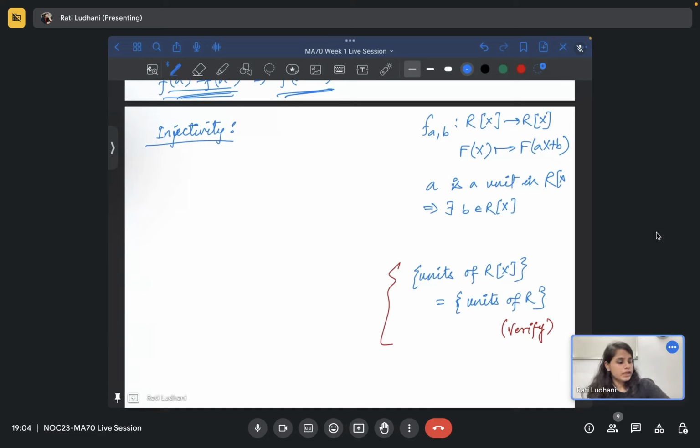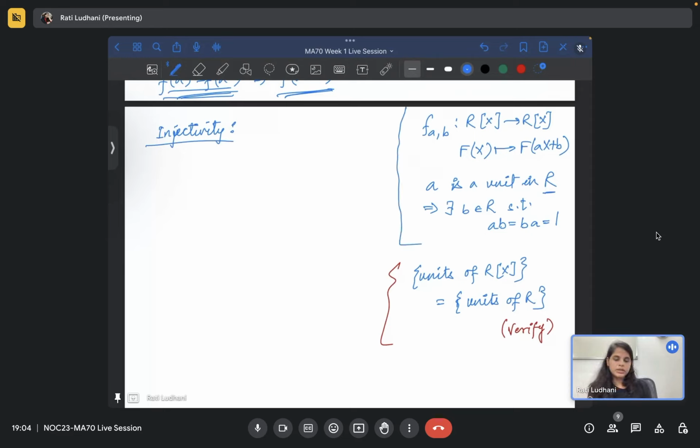So if a is a unit in R, what does this mean? There exists some element b in R such that ab = ba = 1, where 1 is the multiplicative identity of R. The multiplicative identities of R and R[x] are the same, because in terms of polynomials, this is 1.